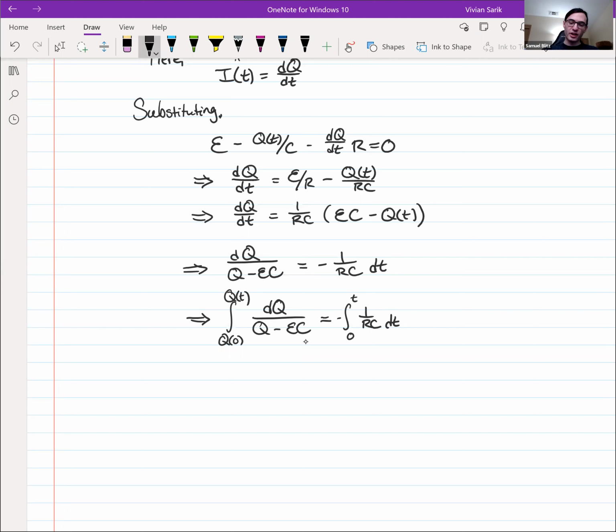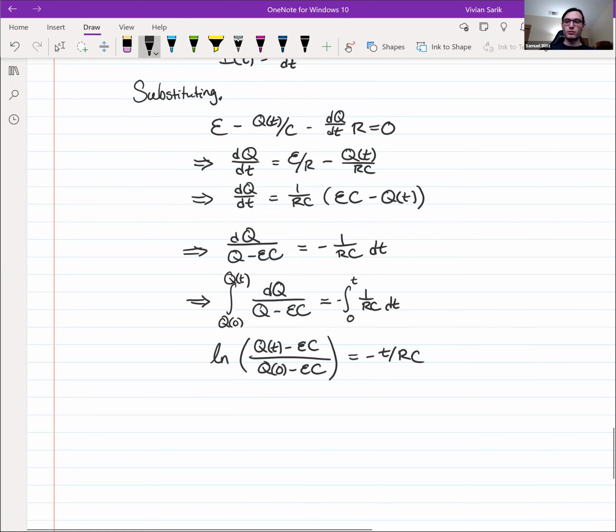So what we have on the left-hand side is the logarithm of q of t minus EC divided by q of 0 minus EC. All I've done is combine the two logs into the quotient of the two terms, standard log rule tricks, is equal to minus t over RC.